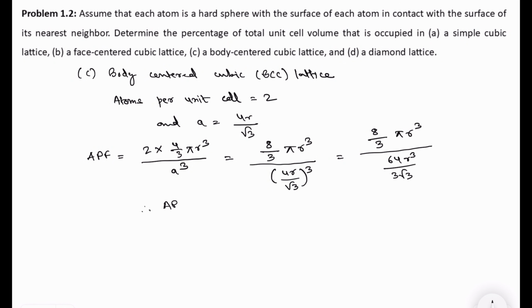So on solving this, we have APF is equal to 3√3 π upon 8√3... or π√3 upon 8, which is approximately equal to 0.6802, or APF equals 68.02%. Now we will solve for D.